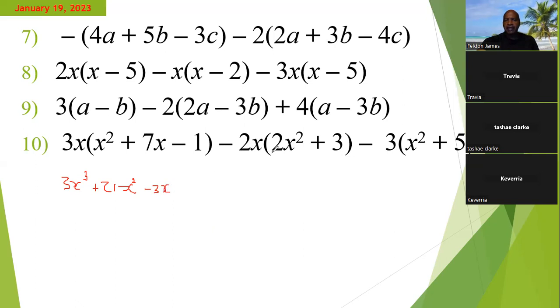Now for the next bracket, we have negative 2x times 2x squared, that gives you negative 4x cubed. And negative 2x times positive 3 gives you negative 6x.